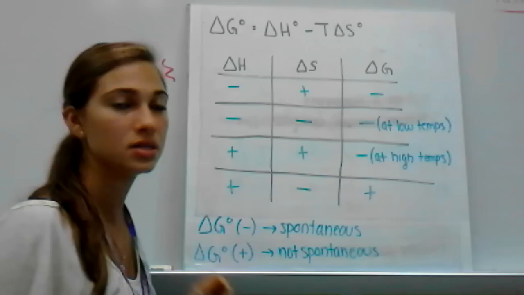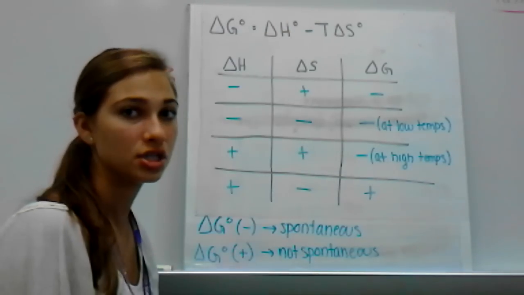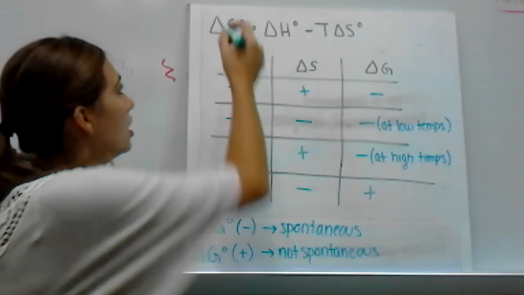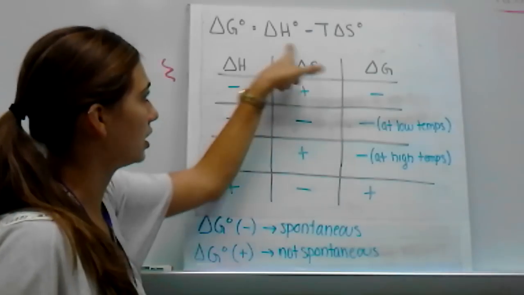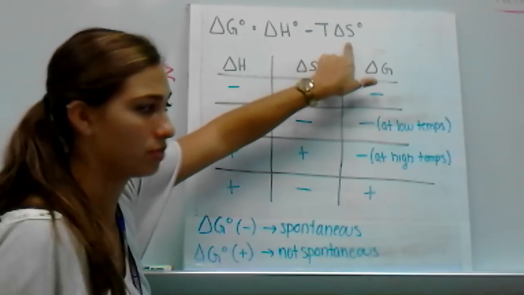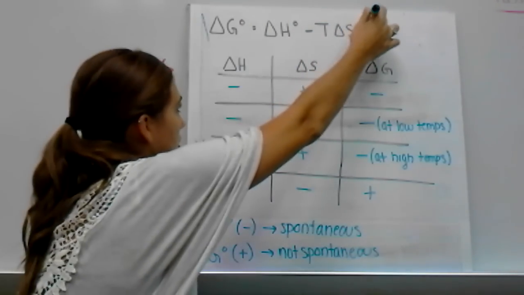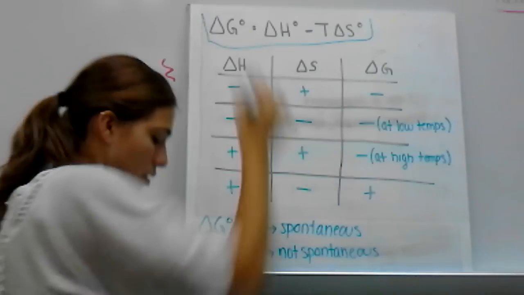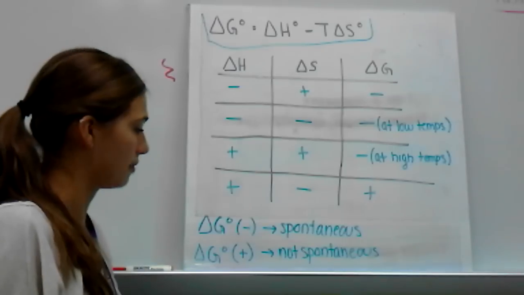Okay, so the next equation that we're going to be talking about now is our free energy. So we already talked about G. So delta G molar is equal to our molar enthalpy minus temperature times entropy. So this equation is basically telling us if a reaction is spontaneous or not.